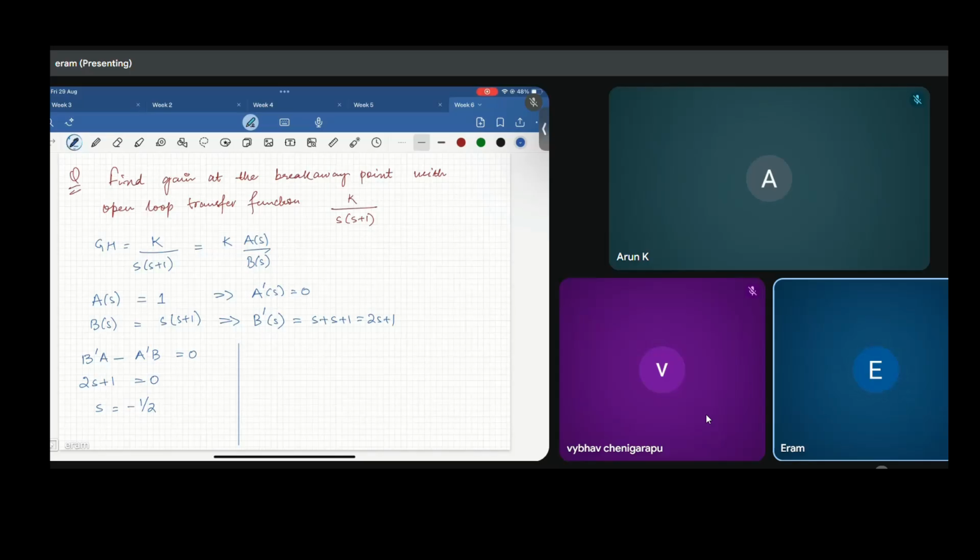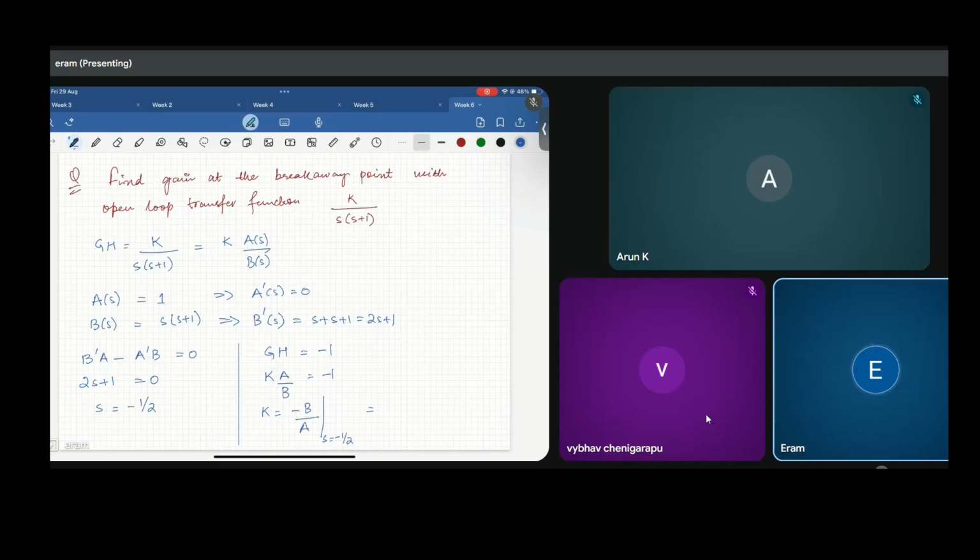Okay, because we know gh should be minus 1 using the criteria of 1 plus gh equals to 0. So gh in our case is k into a by b equals to minus 1. So k is minus b by a, and we need to find it at s equals to minus 1 by 2.